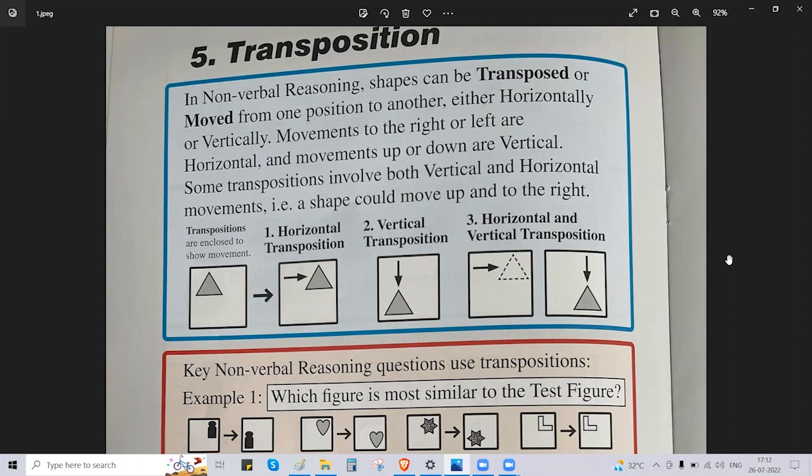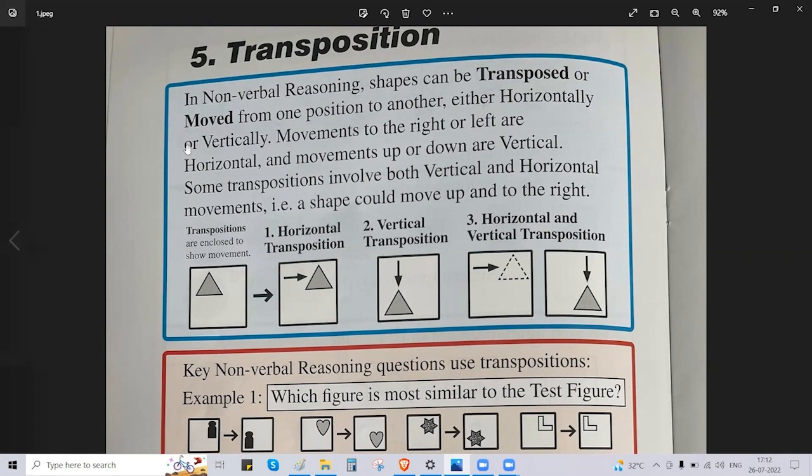Yeah. Now we are going to talk about transposition. Do you know what transposition is? No. Okay, let me tell you. Transposition is about the movement of a shape from one position to another. When we reposition a shape, it's called transposed or being moved.